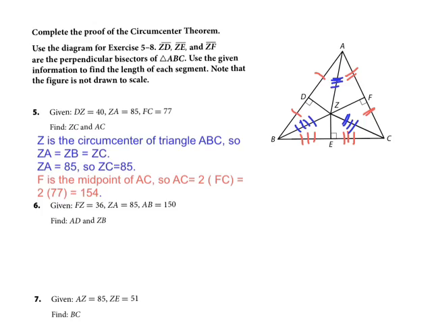So let's take a look at DZ. DZ is here. That one is worth 40. So let's put 40 right there. And ZA, which is this one here, is worth 85.